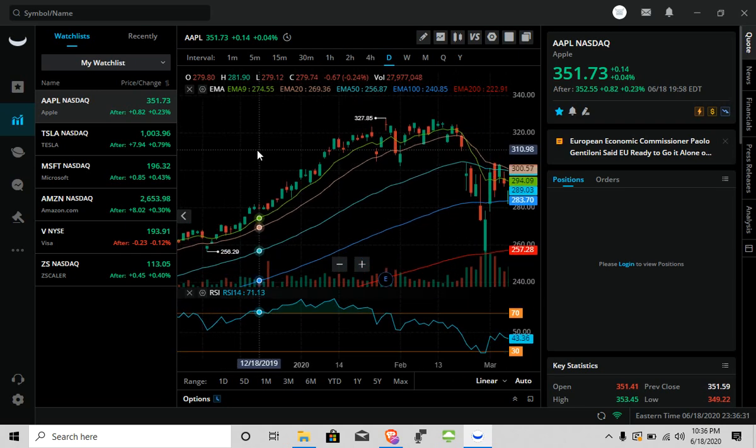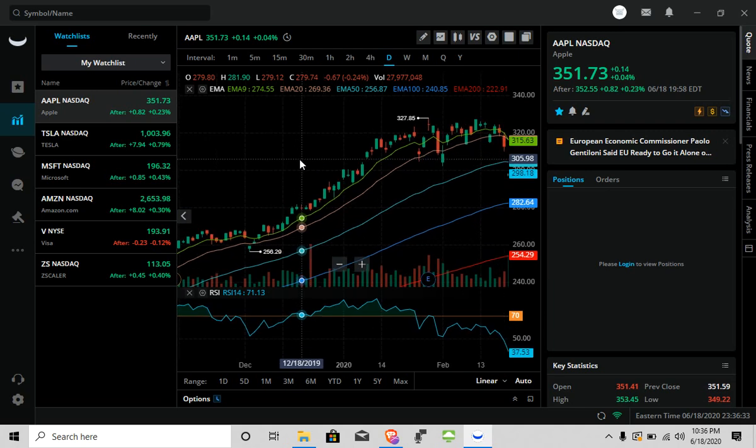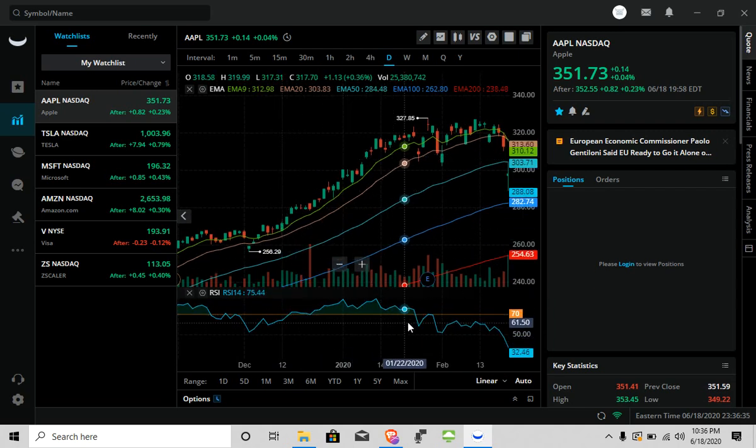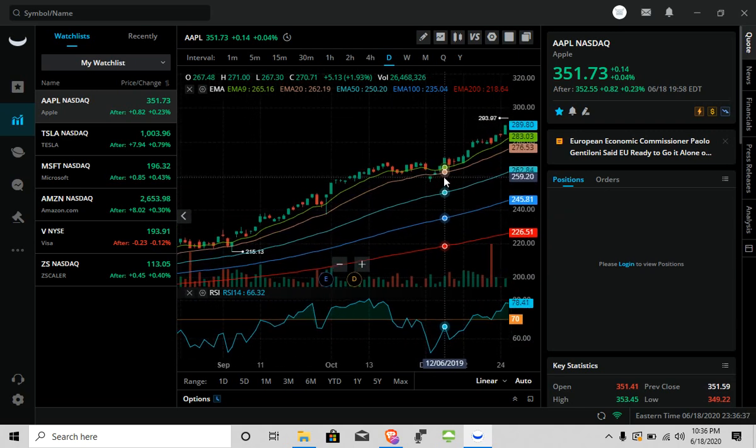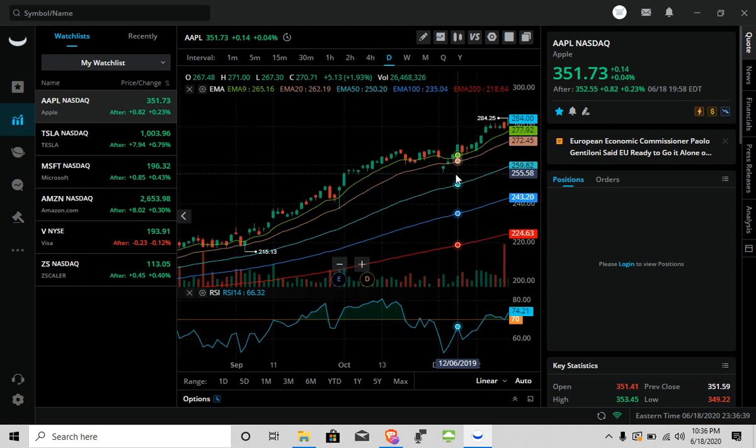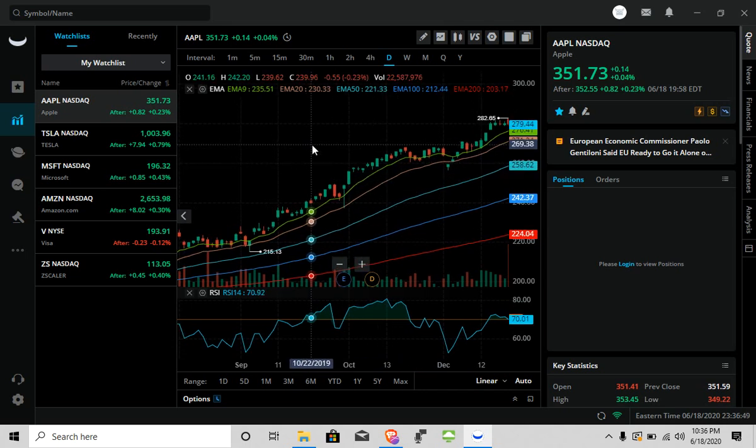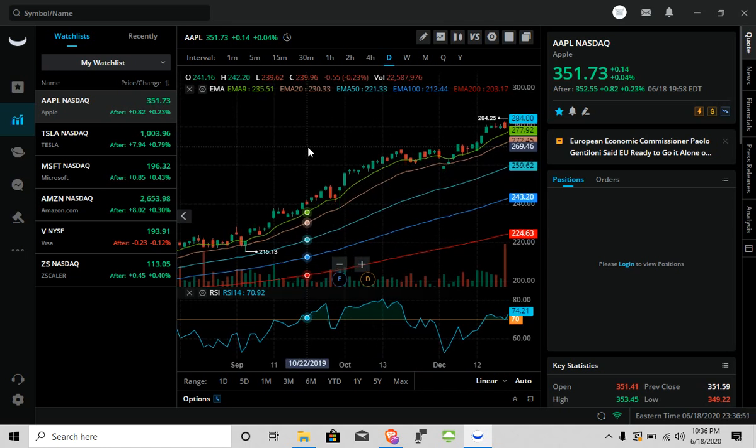All right, then we have the dump. Another indicator that I want to make sure that I highlight to you guys is volume. Volume is basically a visual representation similar to the RSI, but it's not an indication of a particular trend reversal. It's more of an indication of how badly someone wants to get in or out of the stock.